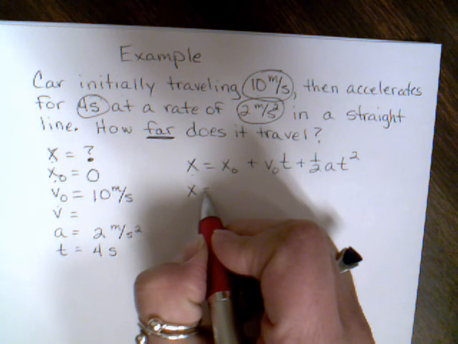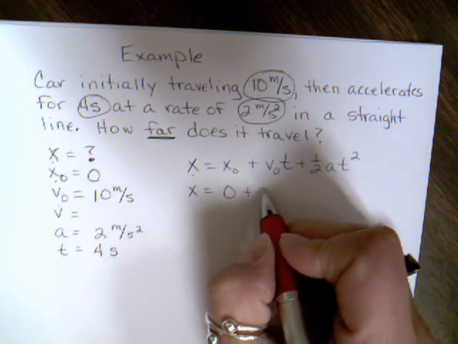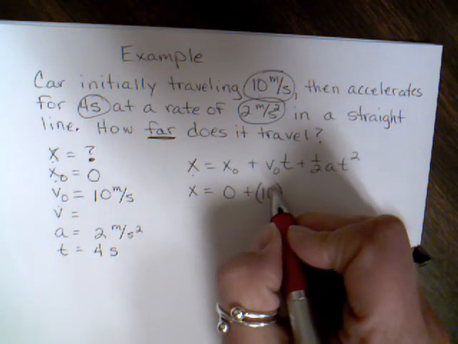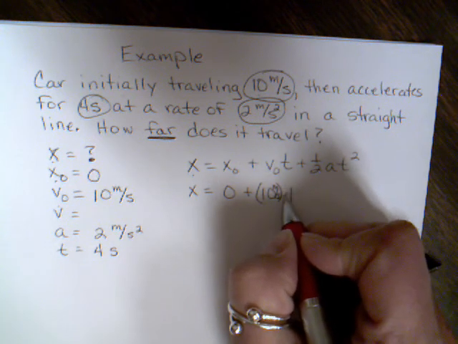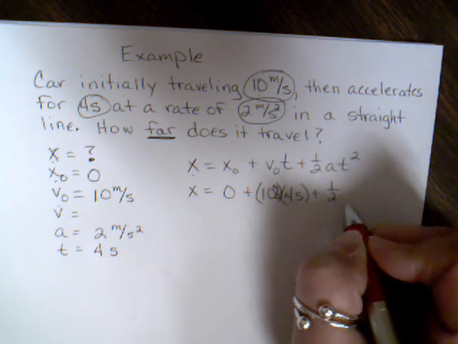So I'm just going to fill in my numbers. x naught is 0, v naught is 10 meters per second, times my 4 seconds. Always use your units; it'll help you decide whether you're getting the right answer or not.